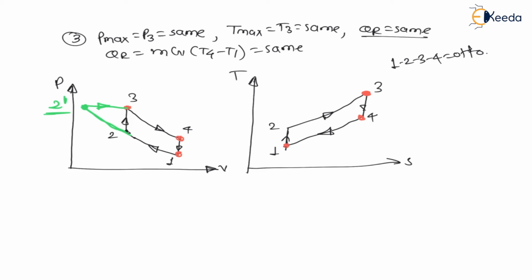Now on the TS diagram, the constant volume process will have higher inclination. Therefore from 3 we have to draw lower inclination. So from 3 the lower inclination will be like this, and there will be a 2 dash somewhere here, and 1 to 2 dash will be reversible adiabatic compression. Therefore we can say here 1, 2 dash, 3, 4 is the diesel cycle, right.